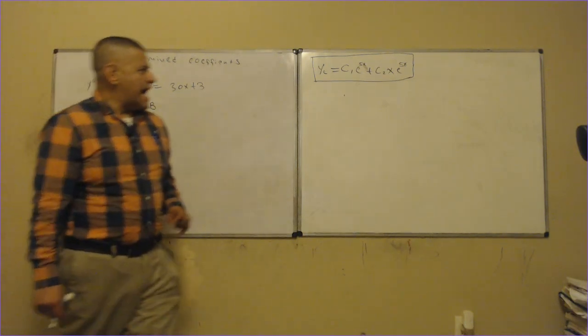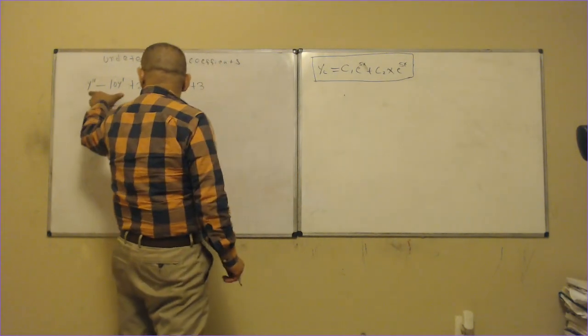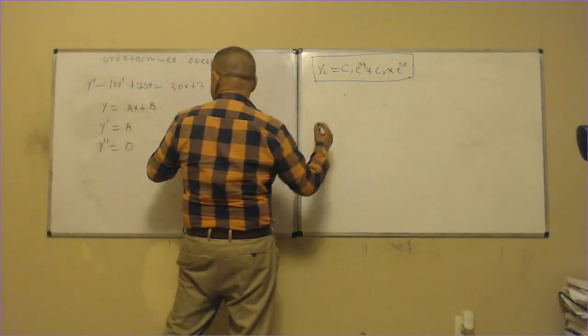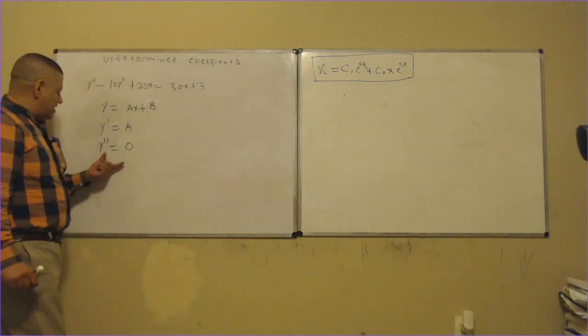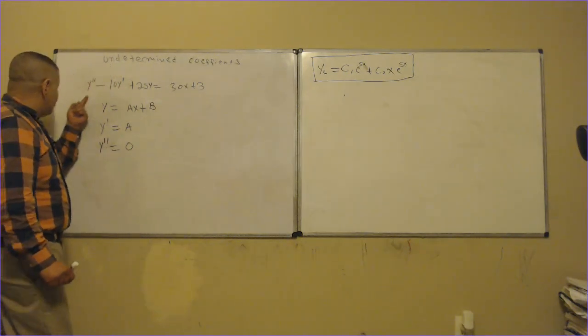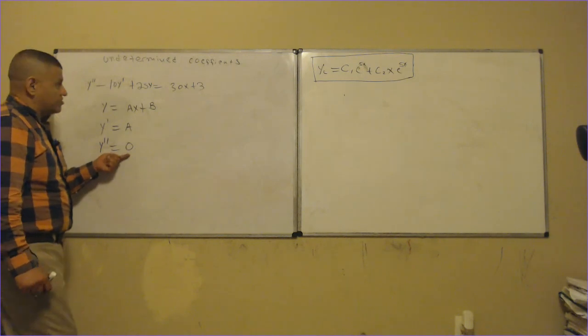Now, having that, what I can do is plug in my values. Whenever I see a y prime or y double prime, I will put in whatever value it is. In this case, it's 0.